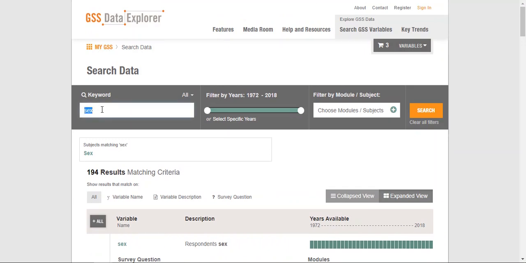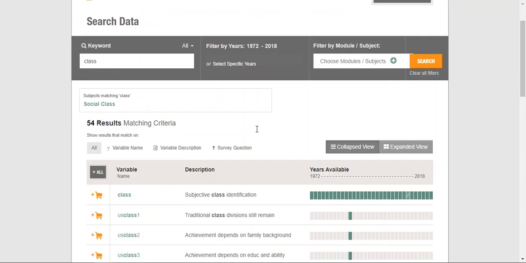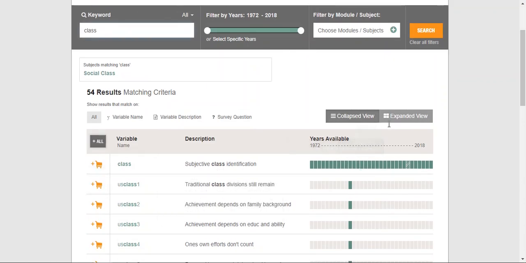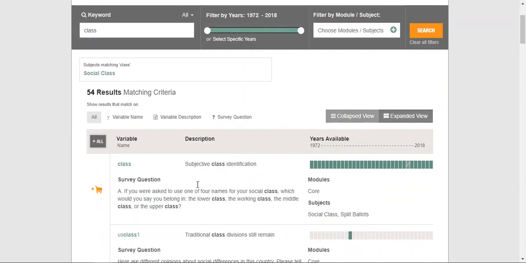So let's say, for instance, you were interested in things like poverty. I think there's actually one, if you search for someone's class, you might go in here and say, for instance here, do expanded view again. So say you're interested in someone's class, and I feel that someone who is a non-white person is going to be more likely to be part of a lower class in the United States because of things like racism.